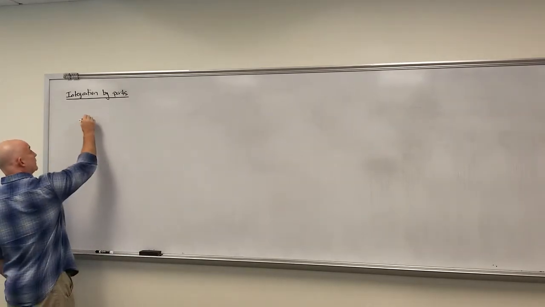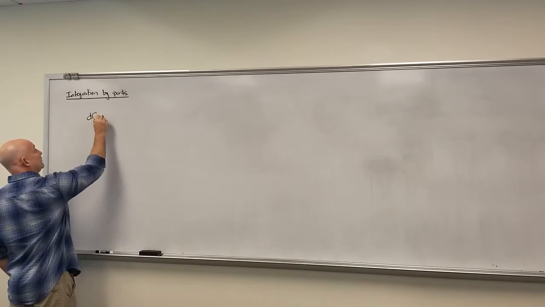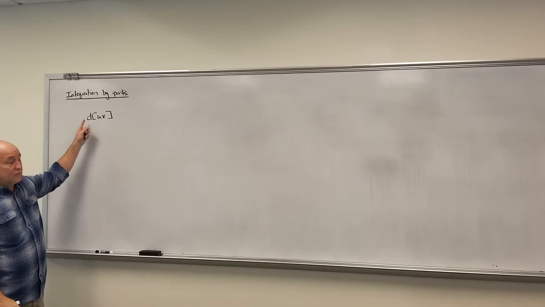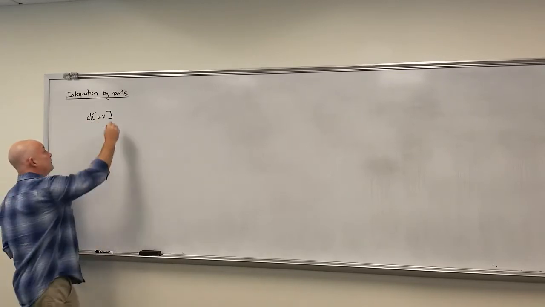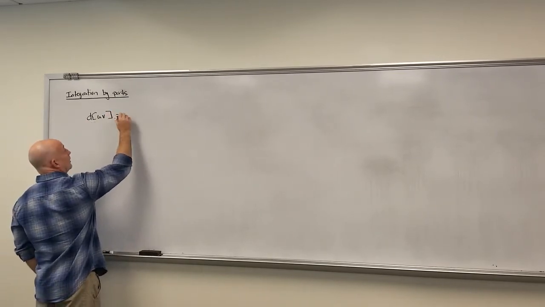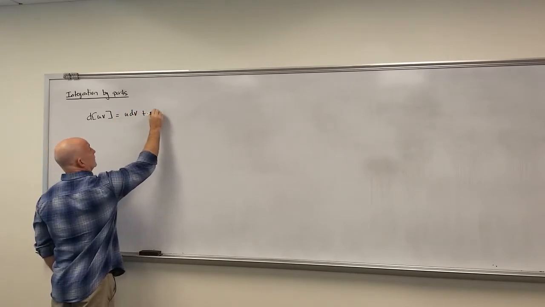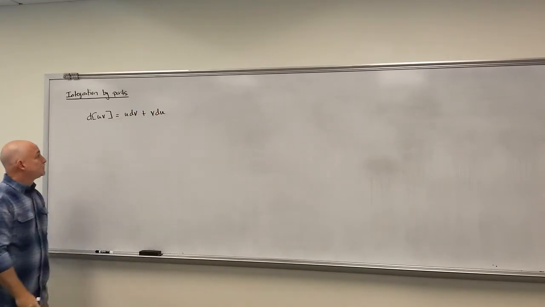If we take a look at the derivative, and I'm going to do this in differential form, of two functions multiplied together, so some function u, some function v, well, we know from our product rule that's going to be u dv plus v du.